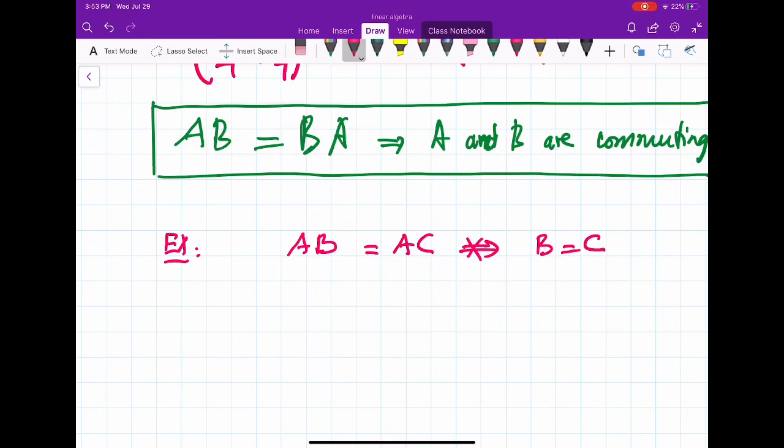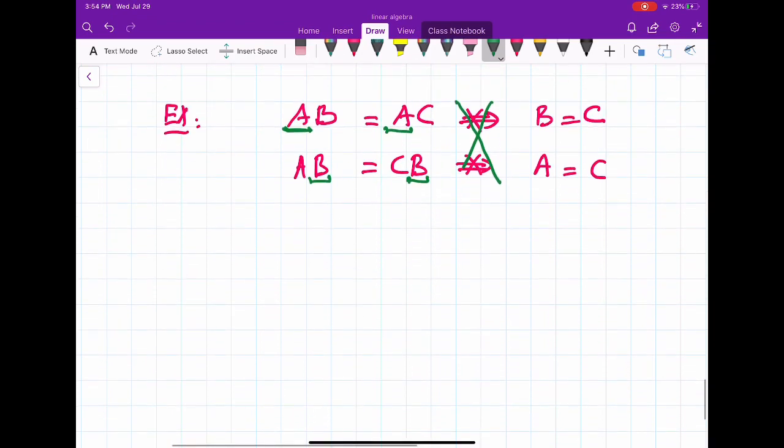Or if you have AB equal to CB, again, you cannot conclude that A equals C. Don't forget that. In the first one, you cancel this matrix, right? In the second one, you cancel this matrix. But unfortunately, that is wrong. Of course, in some cases, we might do that. I will tell you how, okay?